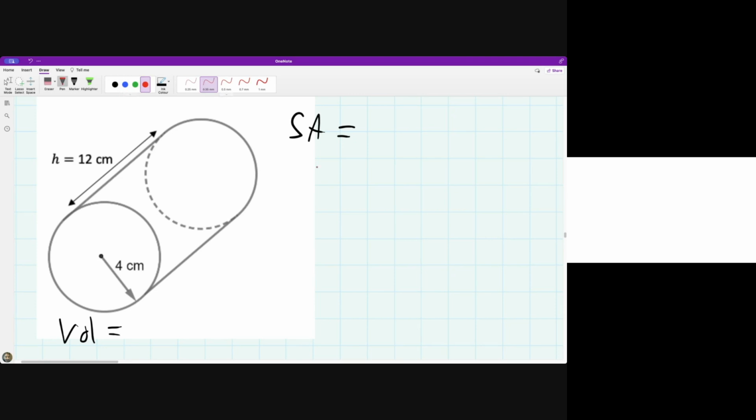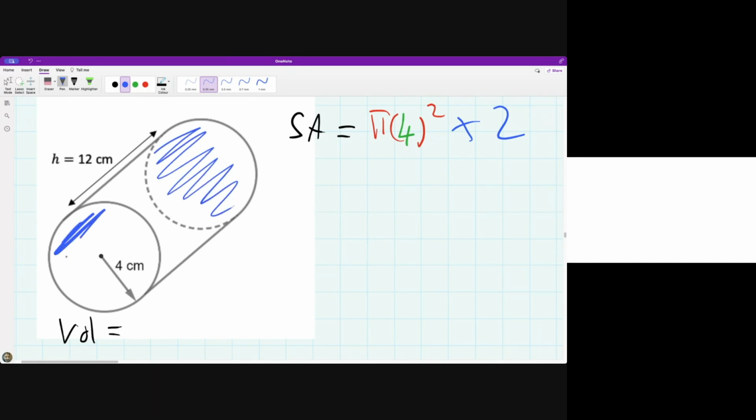So what do we have to do here? We know we have pi r squared, and the r is 4, and there are 2 circles. So that takes care of this and this.